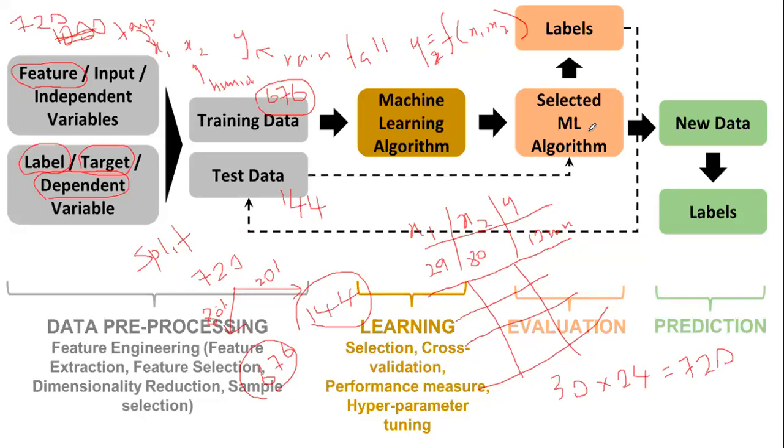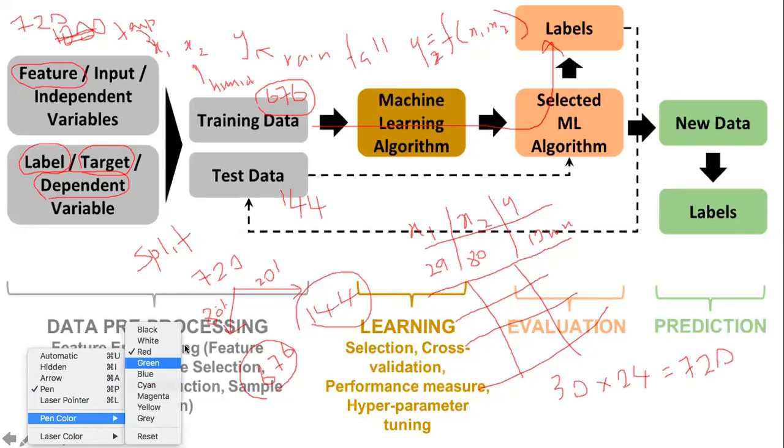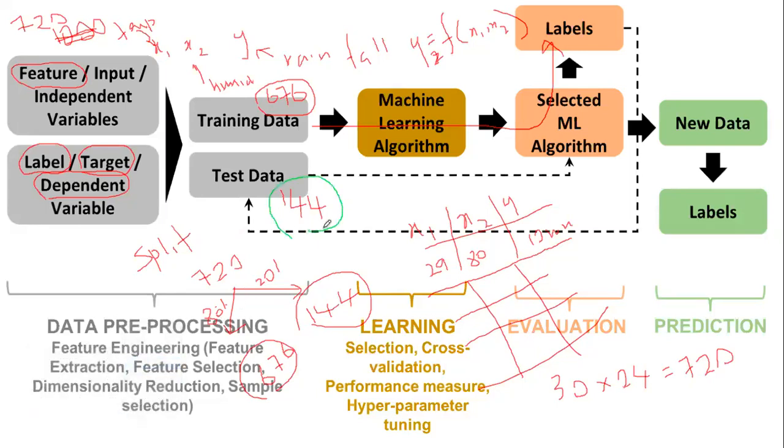There are different algorithms. We can pick a line, or it can be different tree diagrams. There are different machine learning algorithms, but I'm not going to talk about those things. So we make it learn, and we can check the learning accuracy, how far it has learned. Then we have the other set of data, the 144 that we separated out, and we feed it to our model and see whether it predicts properly.